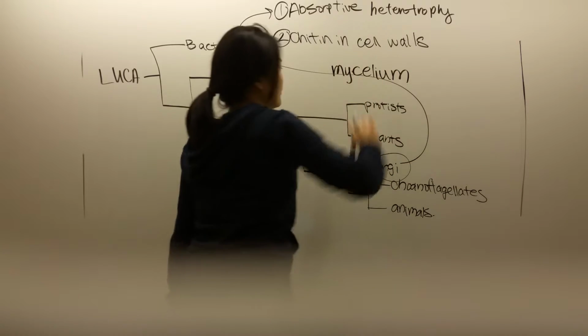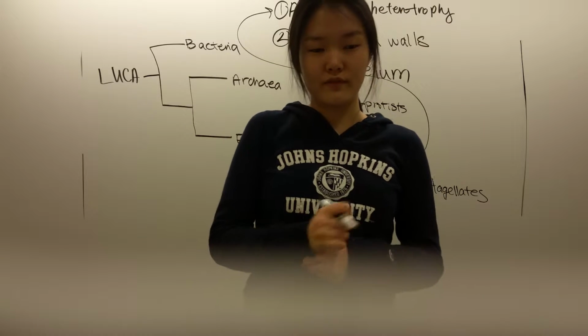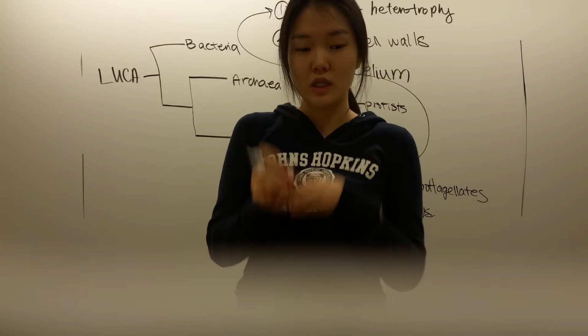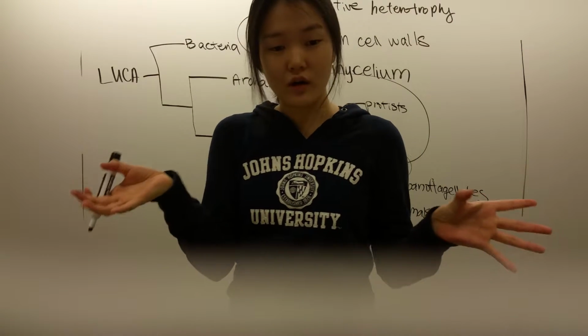It's the body of the fungus. The mycelium consists of many tube-like filaments called hyphae, which are used to absorb nutrients. And so they're like little arms that just branch out. And those branches are called hyphae.